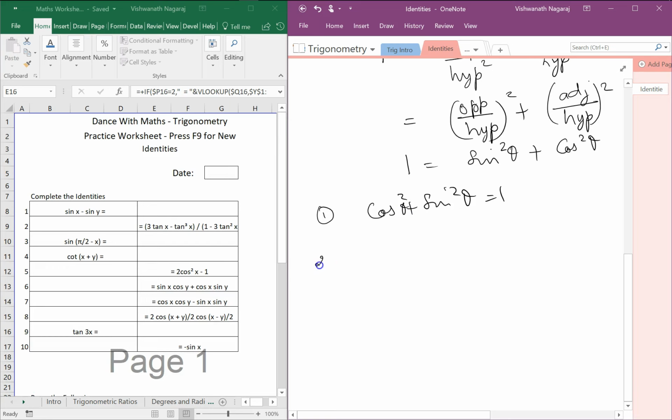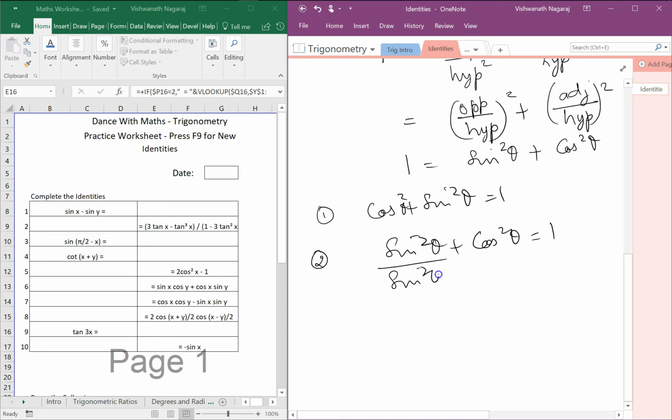Okay, the next few identities follow the same pattern, but we start with this identity. Let's say sine square theta plus cos square theta equal to 1. Now let's divide both sides by sine square theta.